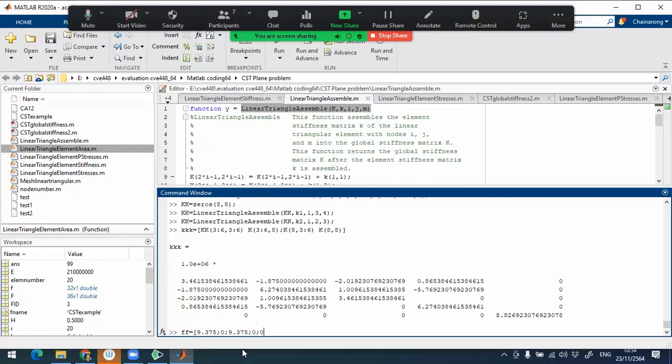We have to add the force at node 1 and 4, sorry, 1 and 4.